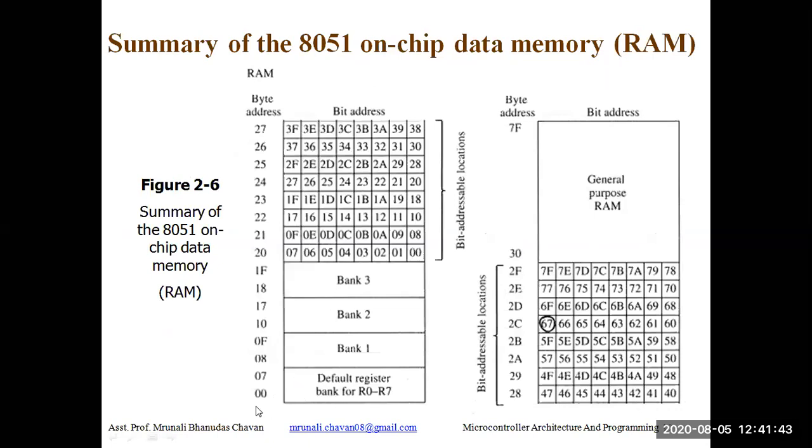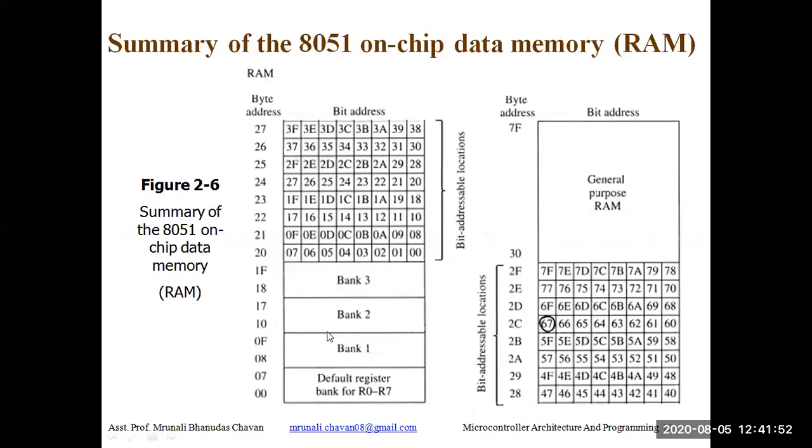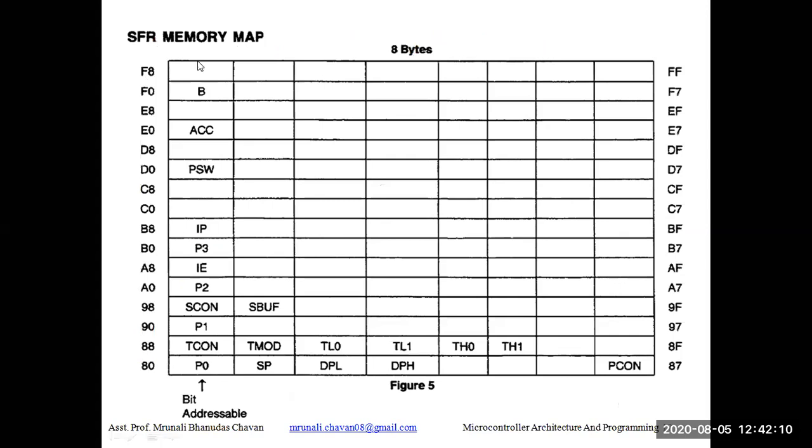From here we can see the memory locations 00 to 7F, the total lower 128 bytes, and these are the upper 128 bytes. The lower 128 bytes are located for bank 0, then the bit addressable area, then general purpose RAM, and the remaining 128 bytes are for special function registers. This shows the SFR memory map. See, memory location 80 to 87, and 88 to 8FH. Here a total of 8 bytes are shown.